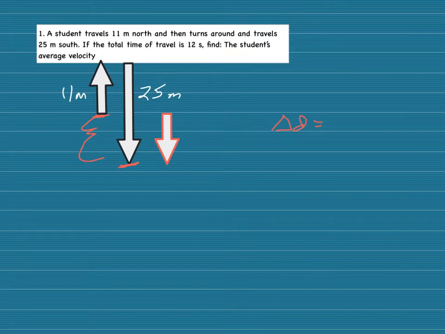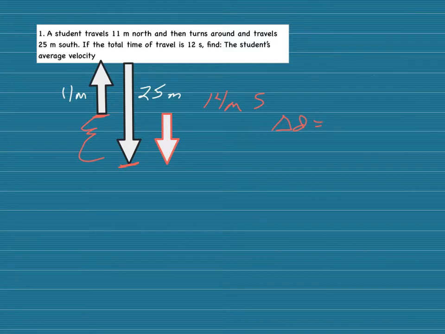You would subtract to get that, and it would be 14 meters, and it would have a direction. Since your going south was a longer distance than going north, it's going to be 14 meters south. If these would have been in the same direction, both of them going north, we would have added them together.